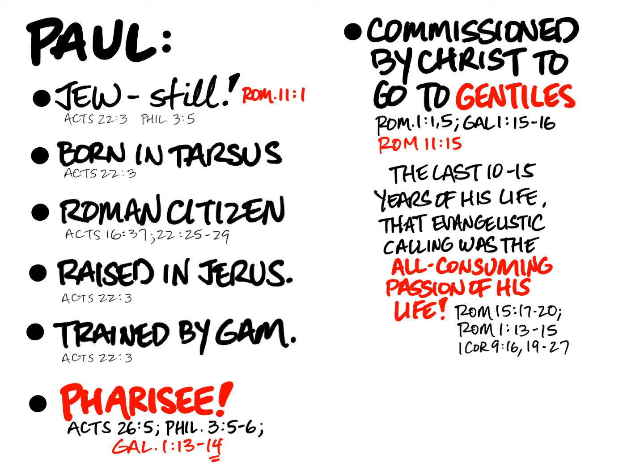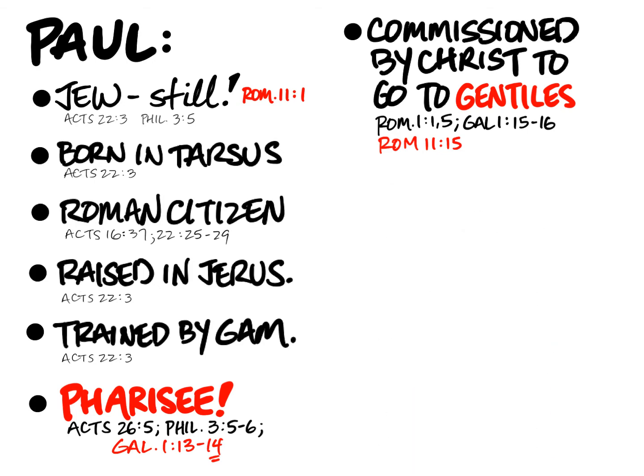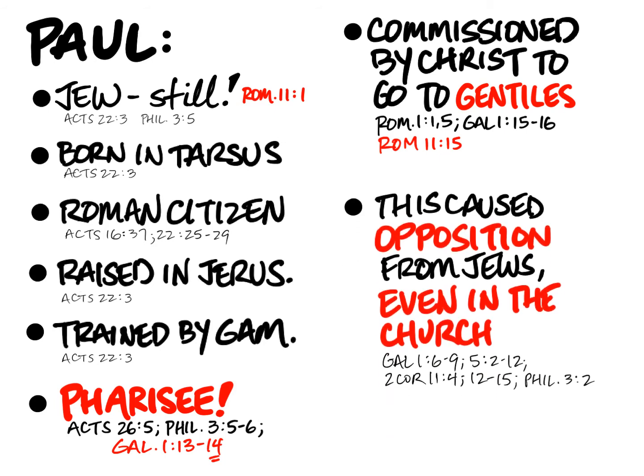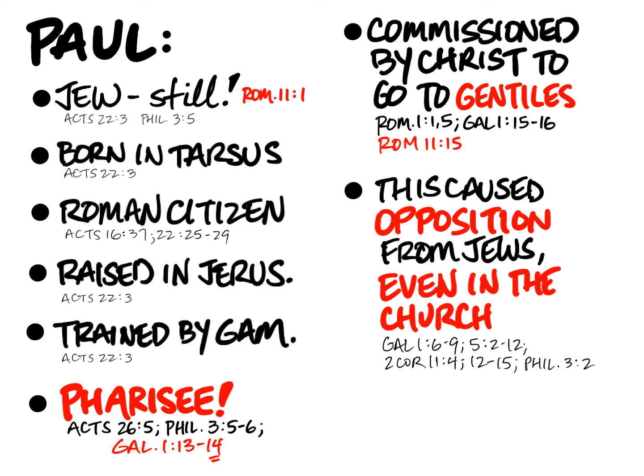So Paul's calling to the Gentiles and his understanding that we're going to see in the book of Romans about the law and the relationship of the law to the Christian actually causes some tension. Of course, Paul's calling to the Gentiles causes violent opposition from his Jewish brethren, but it causes even tension between Paul and some in the church, and in the church in Jerusalem.